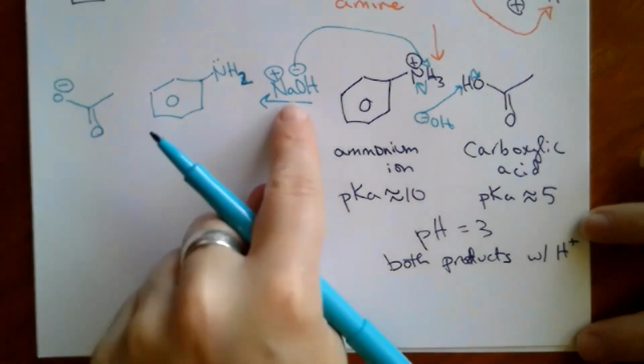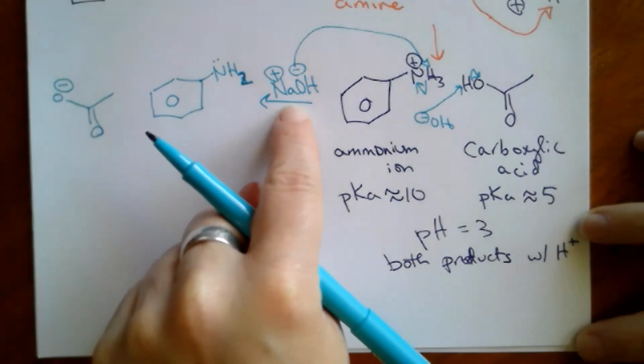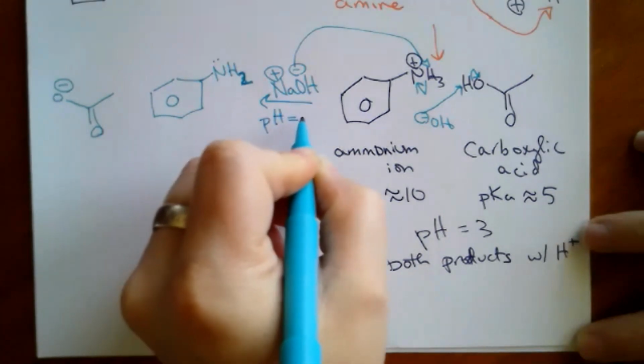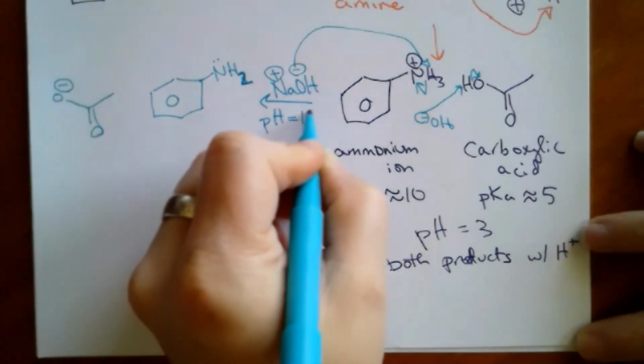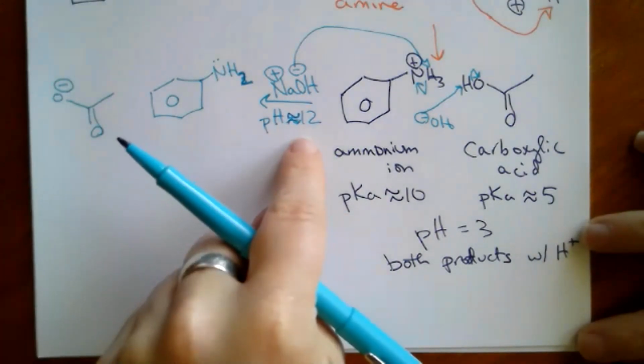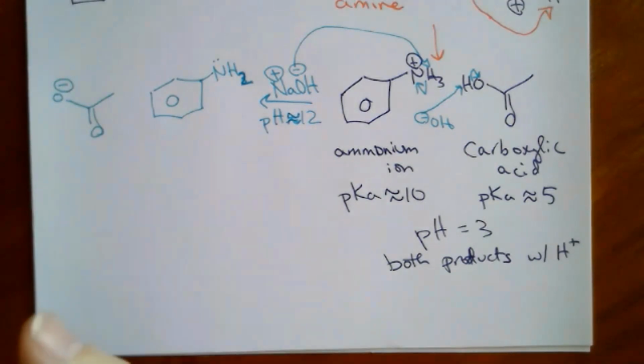So a thing of note, when sodium hydroxide or another strong base is listed in this carboxylic acid section, we have to associate that to a pH. The pH of this solution, because it's basic, we're going to assume is probably around 12. So bases make the pH of your solution high. When we see sodium hydroxide as a reactant, we're going to assume it's a pretty high pH.